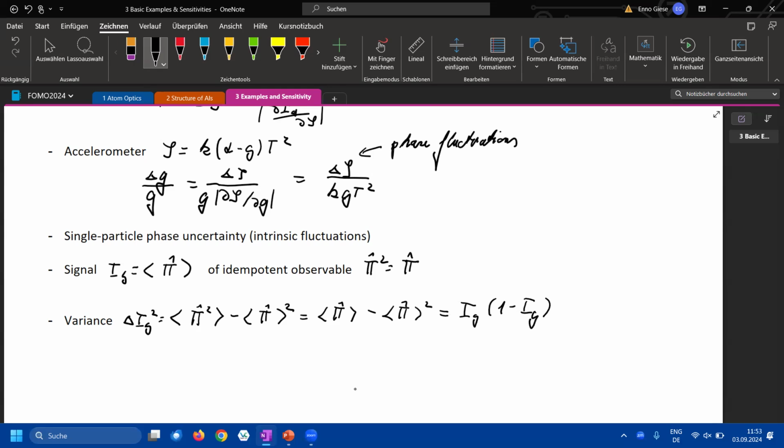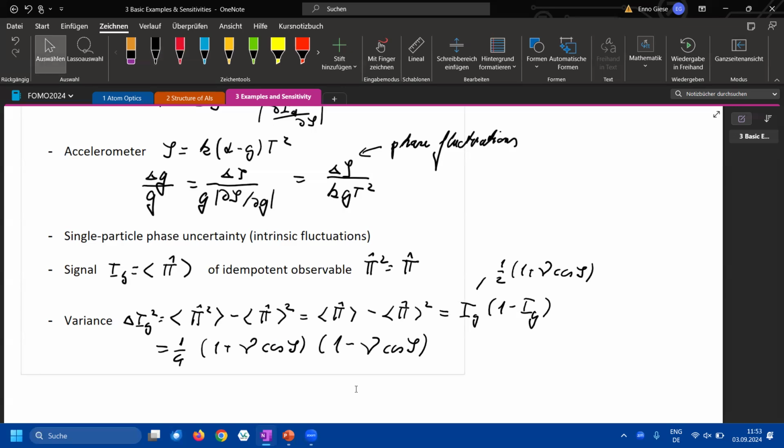And now that's very easy because we have the explicit form. We have 1 over 4 because it's 1/2 times 1 plus visibility cosine phi. So I have 1/4, 1 plus visibility cosine phi times 1 minus visibility cosine phi. I just plug that in, that general form we have for 2 arms.